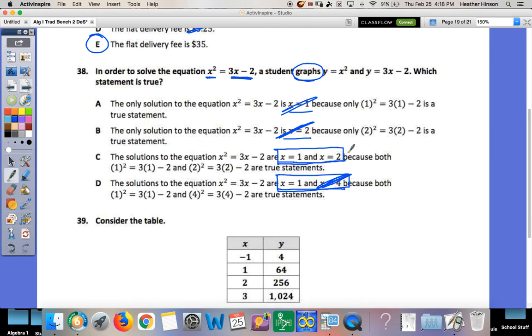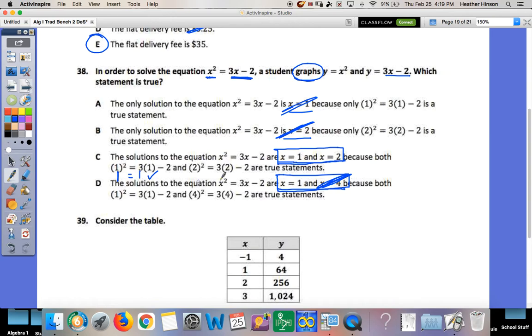The rest of this is just plugging it in. You could actually plug your numbers all into the equations and see if it gives you a true statement. So if we plug in 1 to both of those, 1 squared is 1. And then if we do it to this equation, 3 times 1 minus 2 is 1. And 1 does equal 1. That's correct.